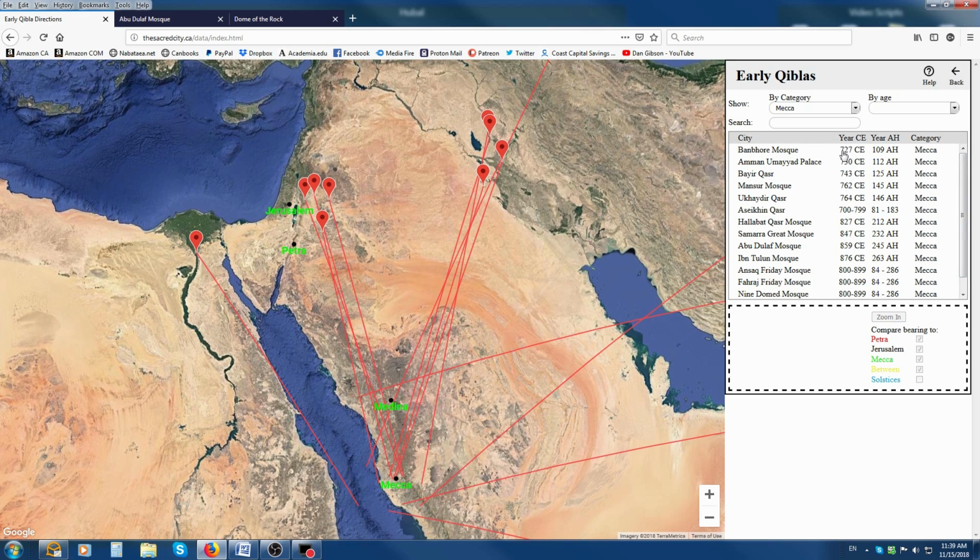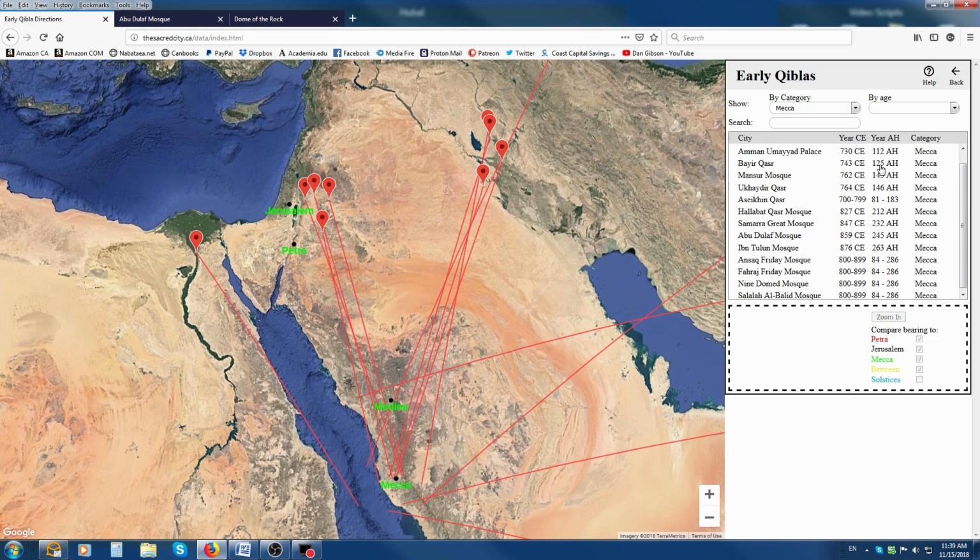So the earliest mosque we have is 727 or 109 AH after the Hijrah. So this is 109 years after the beginning of Islam. We have a mosque pointing to Mecca. And we have 112 AH after the Hijrah, and we have the first mosque in the Middle East that is pointing to Mecca.